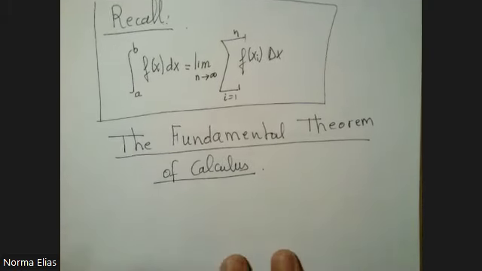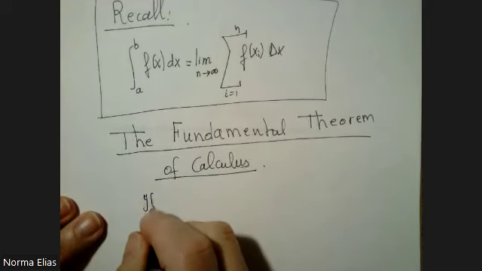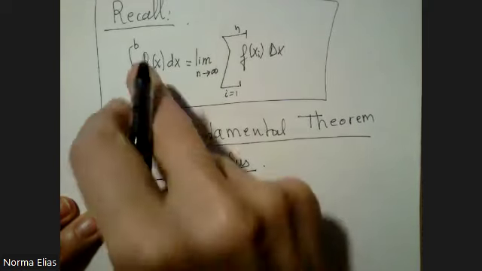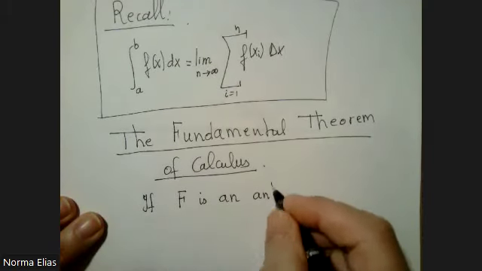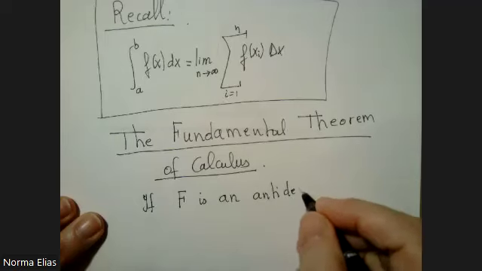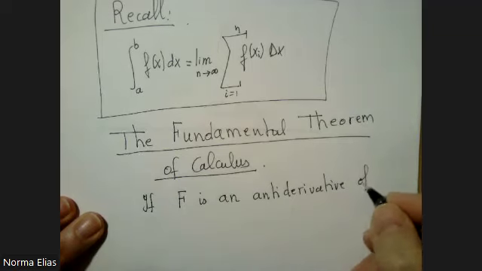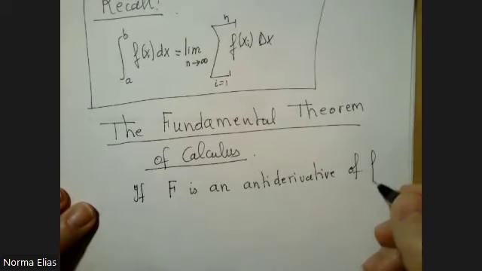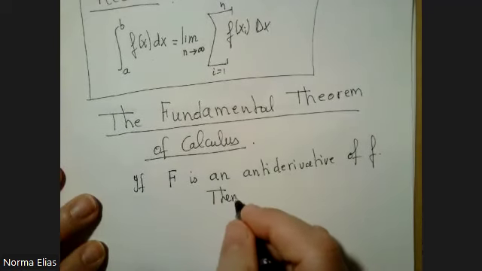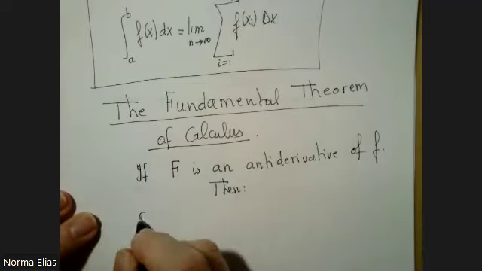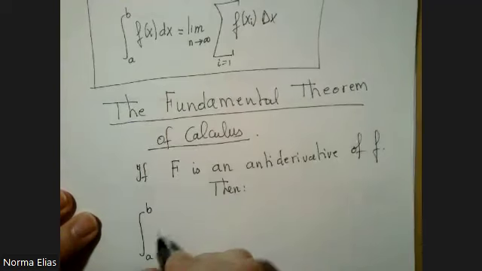The fundamental theorem of calculus tells us the following: if I know an antiderivative F of the function f, then we have a way to evaluate this definite integral, this messy sum, as follows.